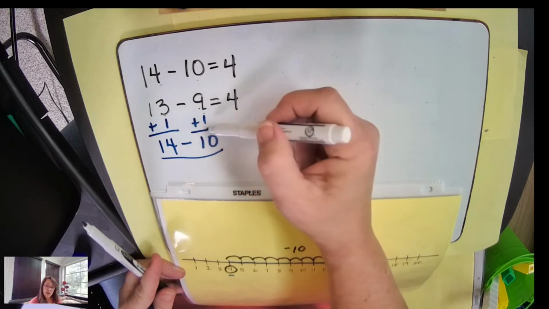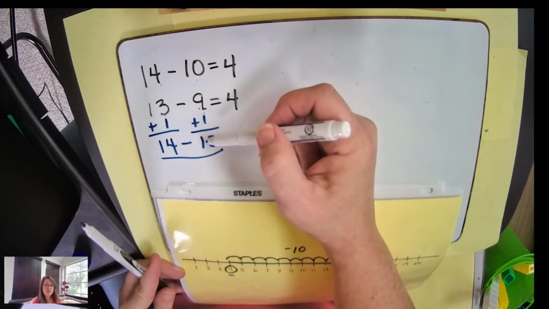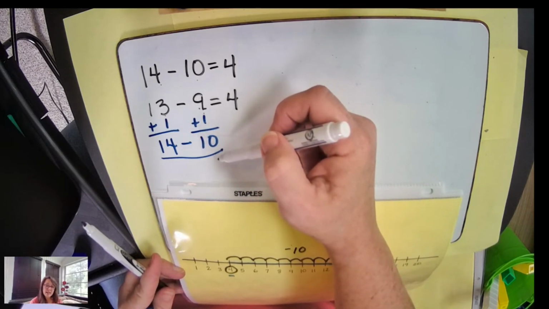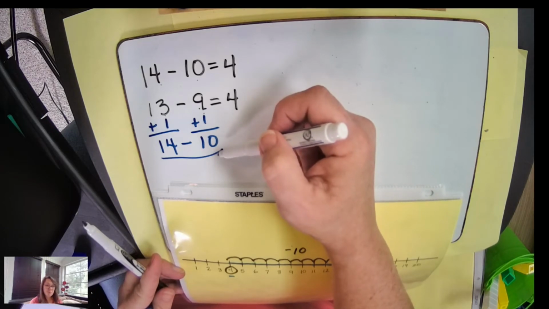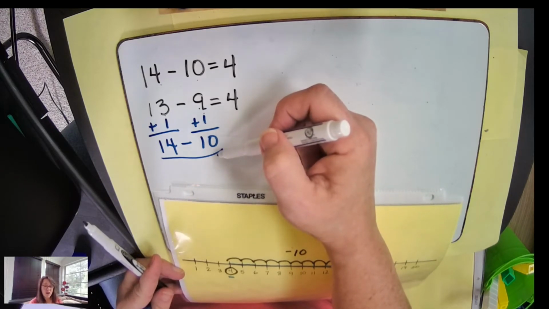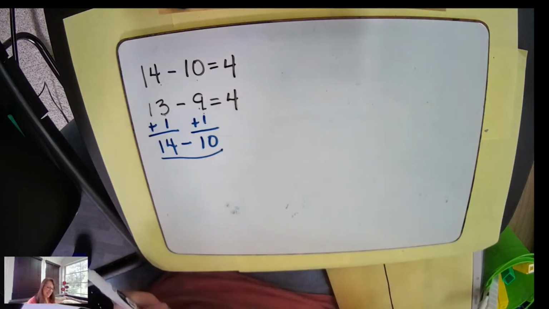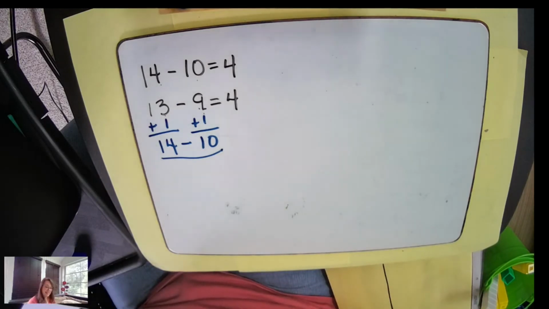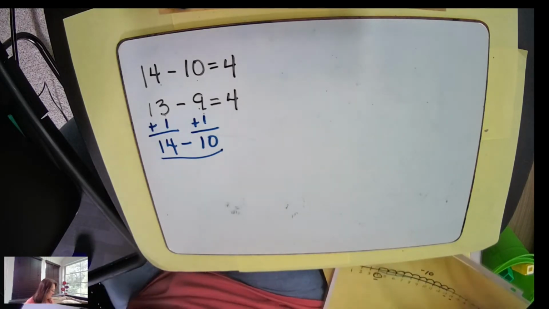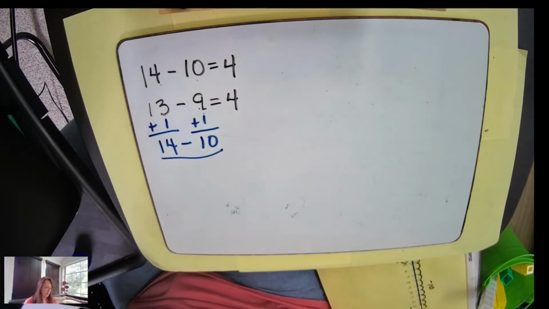So by adding 1 to both of the numbers, we're keeping the same difference, but we're able to use a friendlier number. That's really interesting. Let's try that again with a different problem.